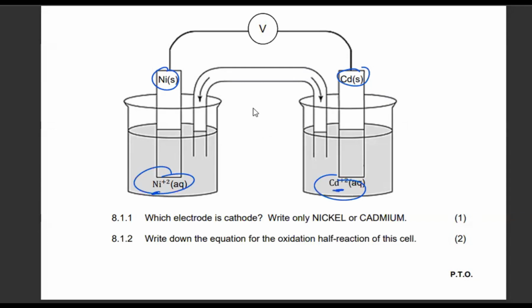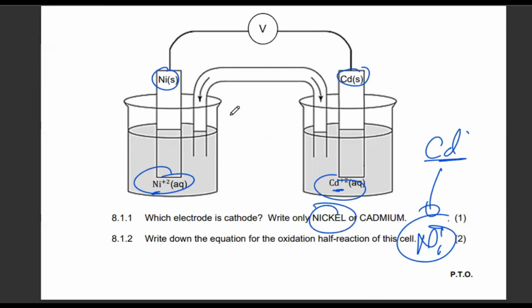If you look at the periodic table, you'll find cadmium is up while nickel is down, so nickel is less reactive. So it becomes the cathode where reduction takes place. In this case, I'll say it's nickel.